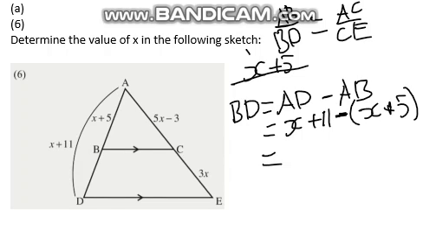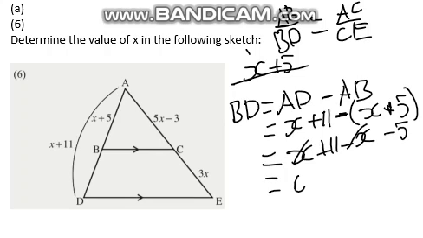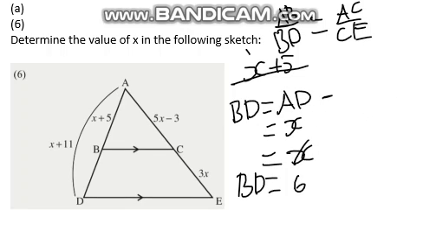So we're going to have x plus 11 minus x plus 5. Our x's are going to cancel, leaving 11 minus 5, which gives us 6. So therefore BD is equal to 6. Once we get that part, we can now erase everything.